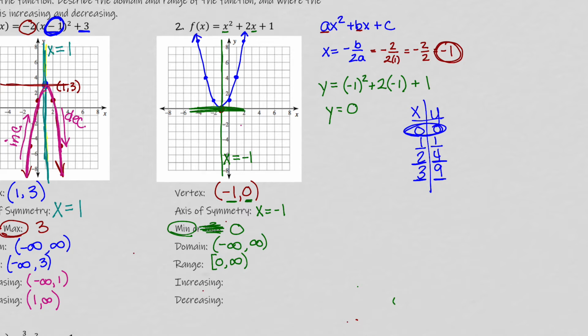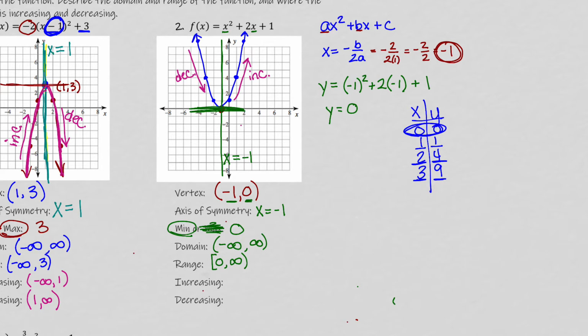Now, increasing and decreasing. So when I drew my parabola, connected my dots there, from left to right, I went down to the vertex, and then I go up away from my vertex, okay? Anytime I have a down arrow, that is decreasing. If I have an up arrow, that is increasing.